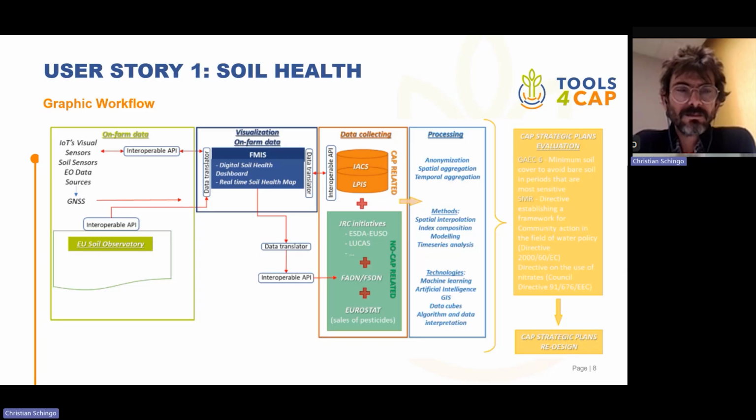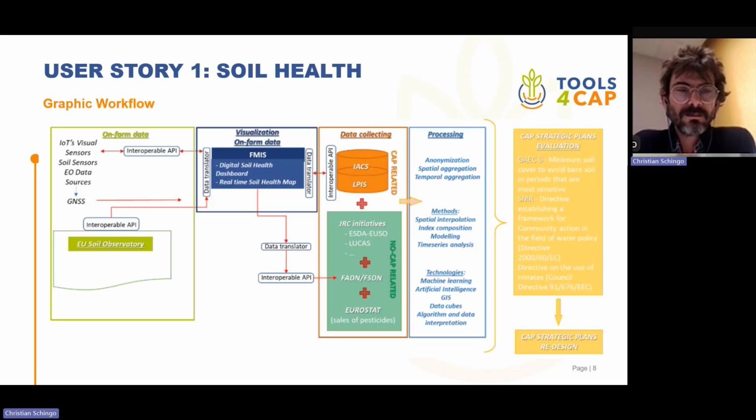Then also with the API, this data can go to the CAP-related administrative database, like IACS or LPIS. Okay, LPIS is part of IACS, and non-CAP related statistics ones. Here, I would like to say that FADN, in my opinion, is a CAP-related statistical system, but it's a parenthesis.